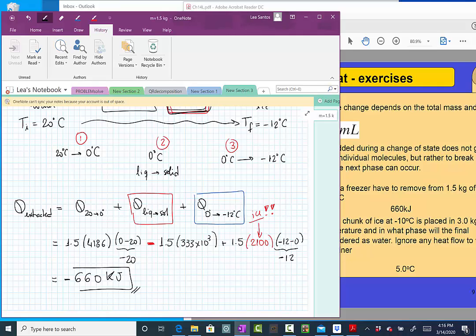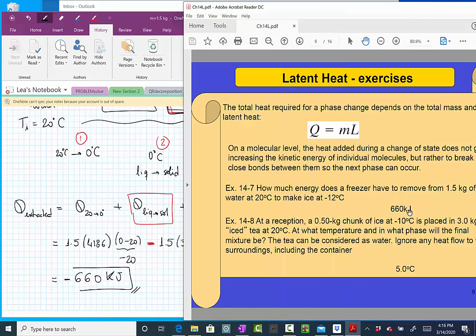How do we write the answer of this problem? Well, we don't need to carry this minus sign. The final answer is how much energy did the freezer extract? It extracted 660 kilojoules. You don't need to put the minus sign there. This minus is in the word extracted, in the word removed.